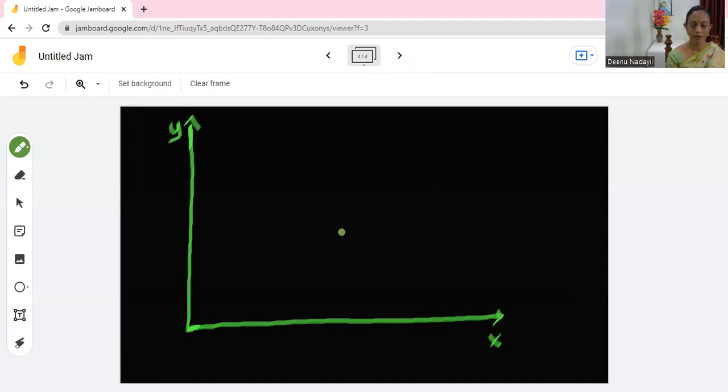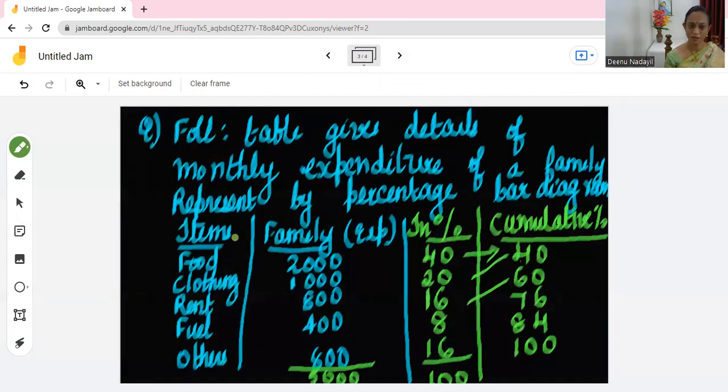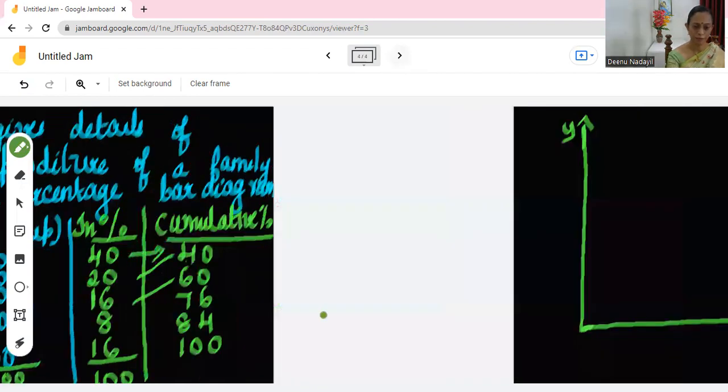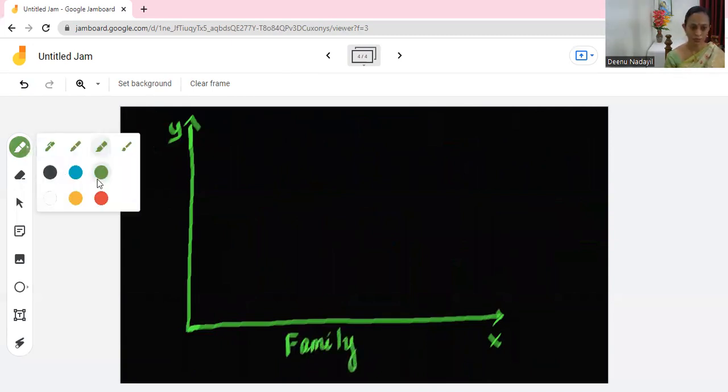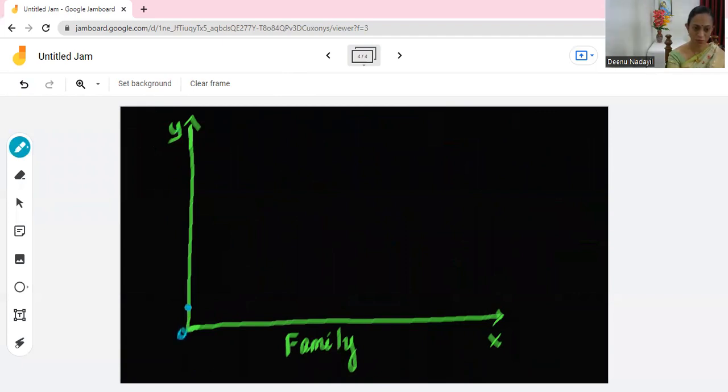Now, what is on the X axis? See here, the family items are given, so we will write family expenditure here. Then on the Y axis, in terms of percentages, out of 100, so 0, 10, 20, 30, 40, up to 100.